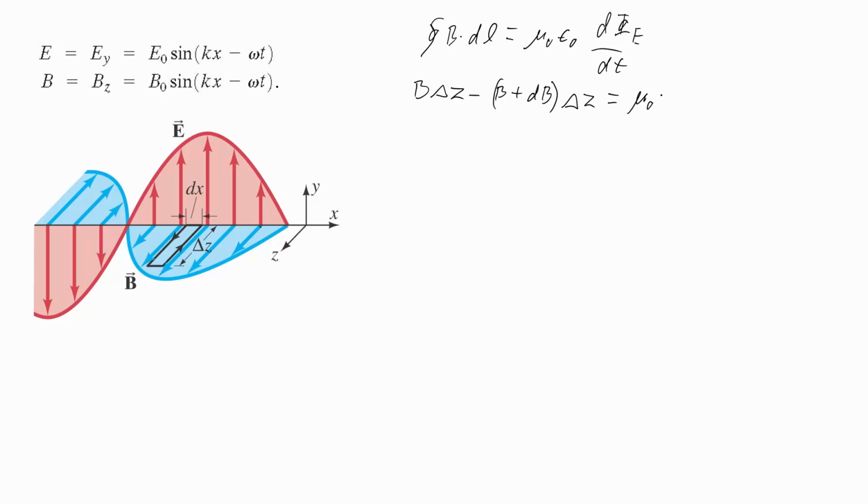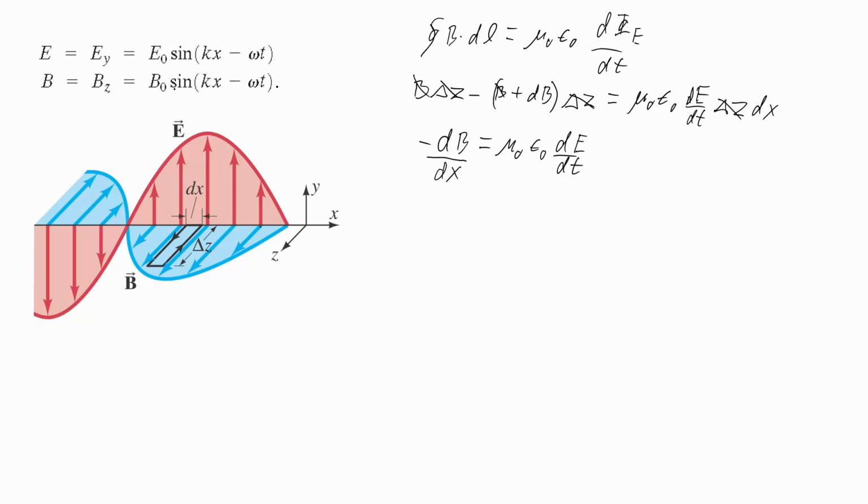On the other side of the equation we've got mu naught epsilon naught, and then we're going to have dE dt times the area, and the area in this case is going to be delta z times dx. So similar to what we saw last time, the z's go away, these B's are going to go away, and I end up with dB equals, I got a negative sign here, mu naught epsilon naught dE dt, and then I'm going to have a dx on the end here. I might as well throw that over here just to make it nice.